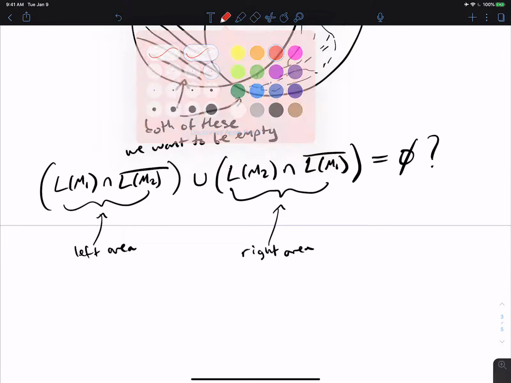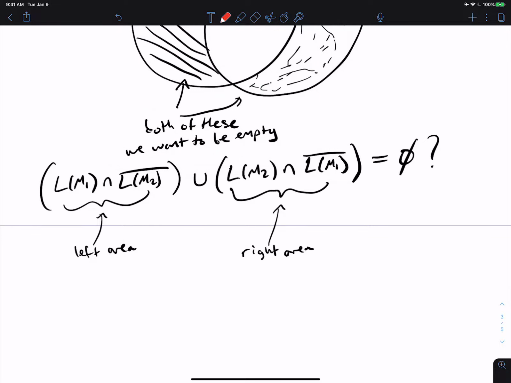But something we should note here, well, we can actually make a DFA for this, because it's just the intersection of two regular languages, and the one on the right has the little bar on top, while regular languages are closed under complement too. So we can make a DFA for the left half. We can make a DFA for the right half too, for the very analogous reason.